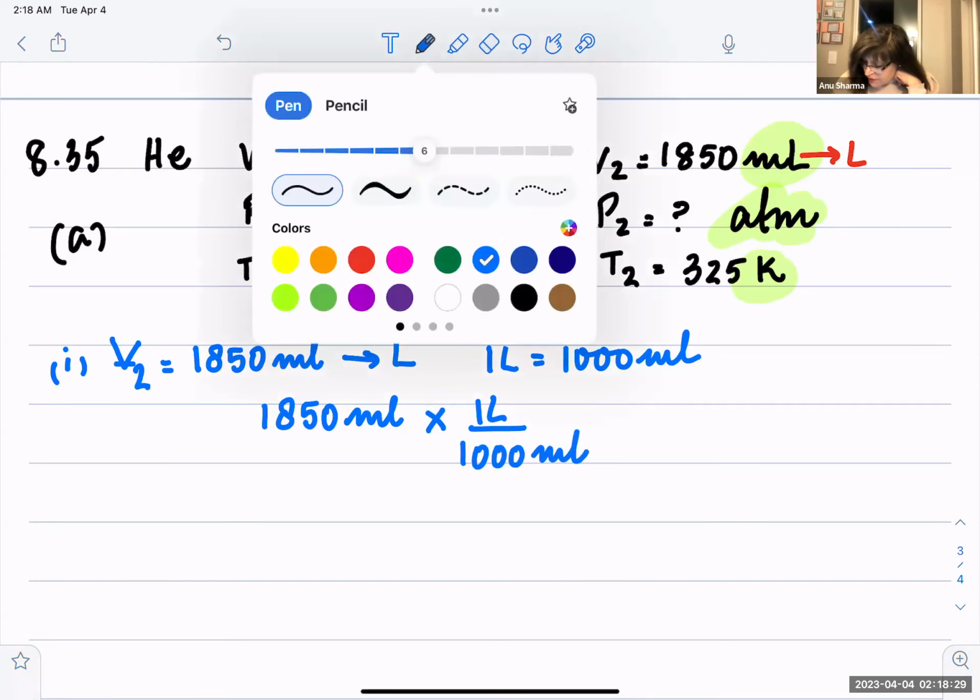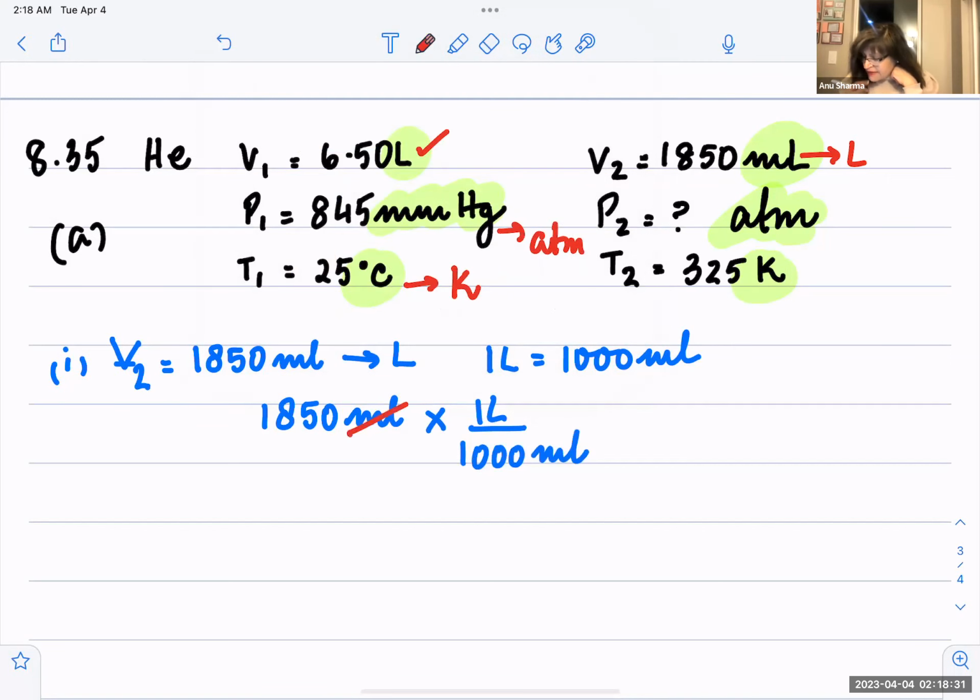Milliliters and milliliters cancel out, so this becomes 1.850 liters. So that's the V2.